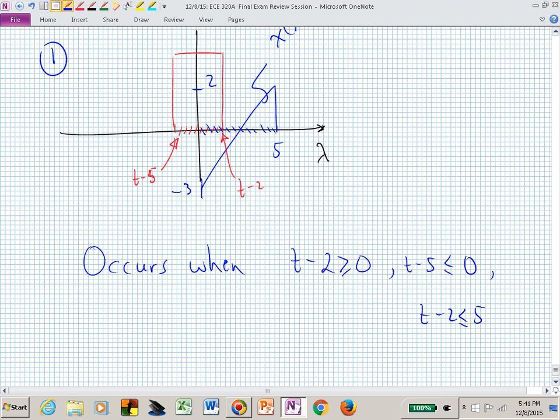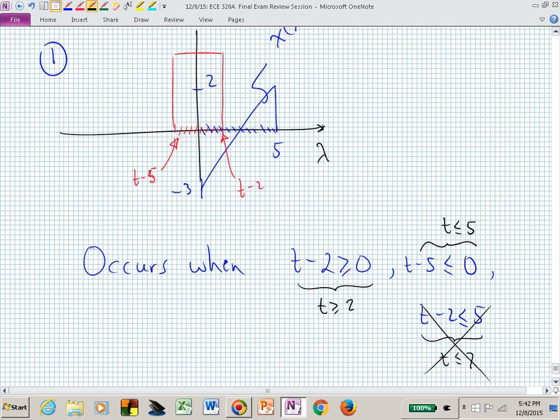And now you need to make sure which of these happens first. This piece says that t is greater than or equal to 2. That seems okay. This says t is less than or equal to 5. What's this one? t is less than or equal to 7. Whoops, that one can't occur before this other one. So these two that I haven't crossed out must be the ones that are active for this overlap pattern.